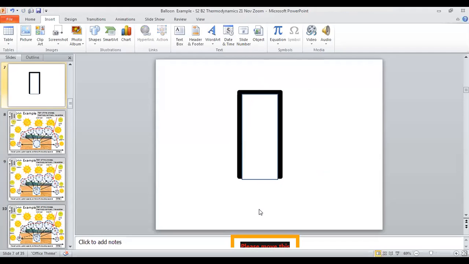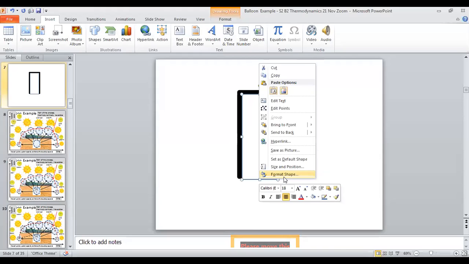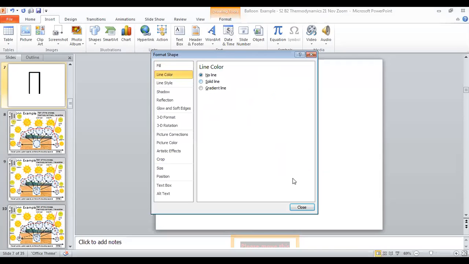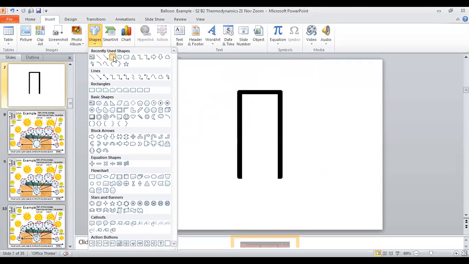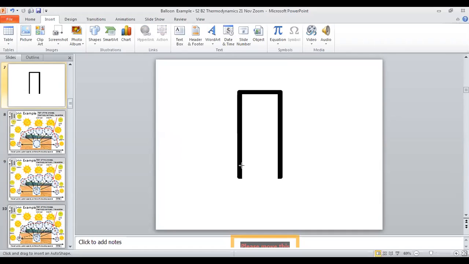Let me draw the cylinder first. And if I do the piston, let's say this is the piston.